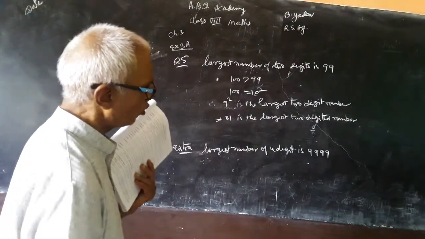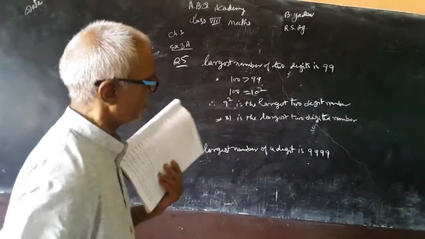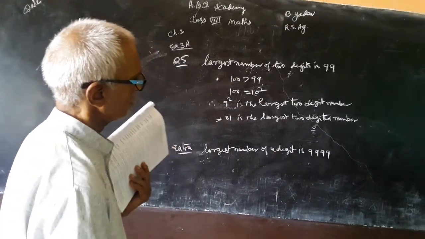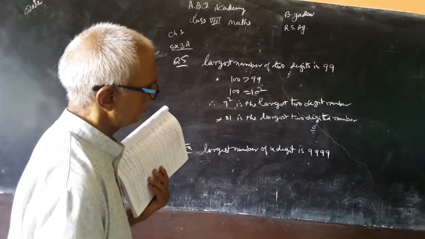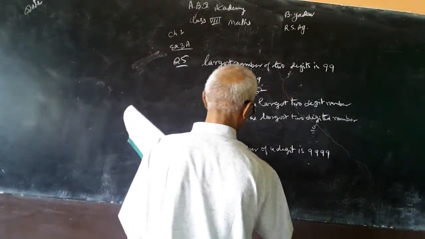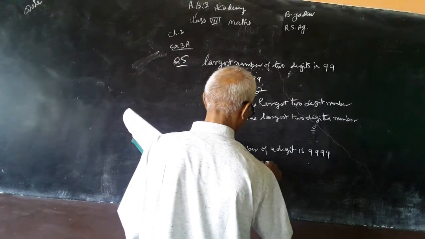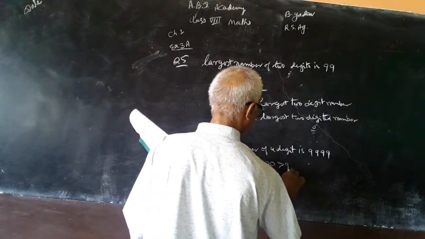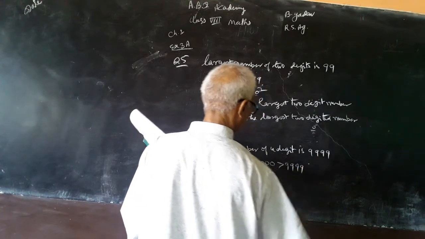If you go ahead to this number, if 1 is added, it becomes 10000, which is greater than 9999.